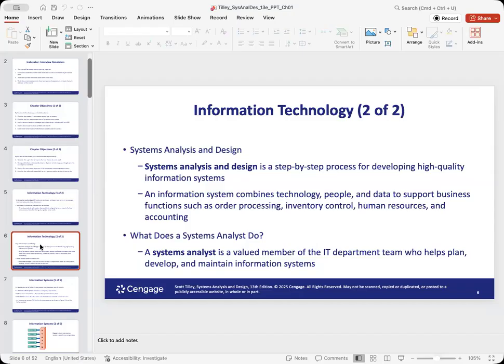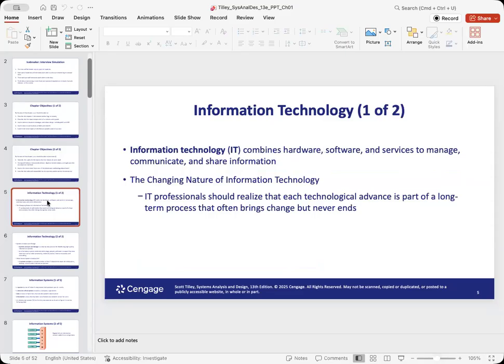Now, as we said earlier, an information system combines technology. It also includes people. We talked about technology earlier, in the first slide: information technology combines hardware, software, and services to manage, communicate, and share information.